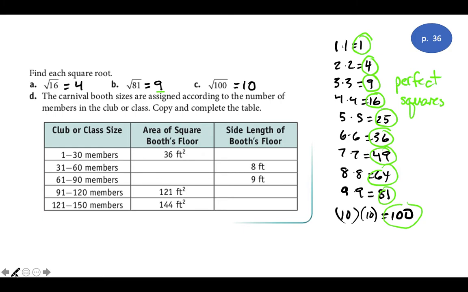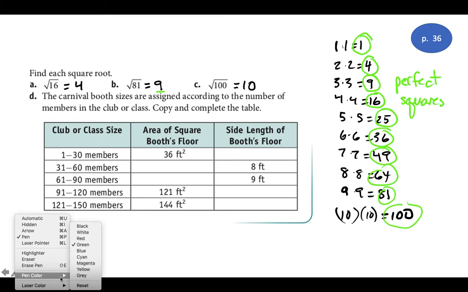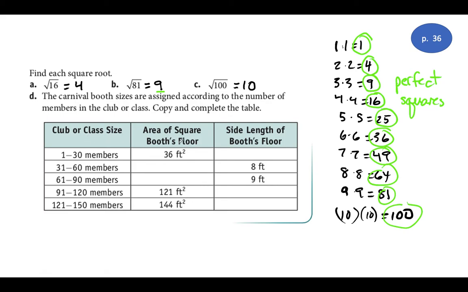So now let's fill in this table right here. Sometimes they're giving us the area, sometimes they're giving us the side length. If the area of the booth is 36, to get the side length, we're going to take the square root of 36, which is 6.